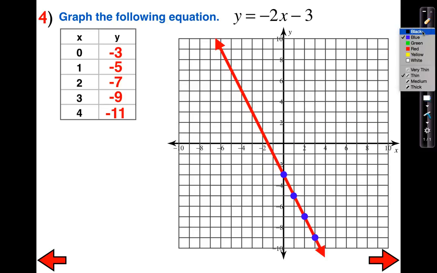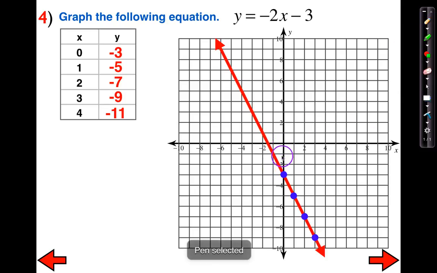Now, just one more time, just to really reiterate, by extending this line, you're able to find more solutions. For example, this is a nice solution where you can see the ordered pairs. It's a nice intersection. Here's another example, and another. In fact, even this one is a solution. The only reason why this is not going to be the best number is because you might not be able to tell what the number is exactly.